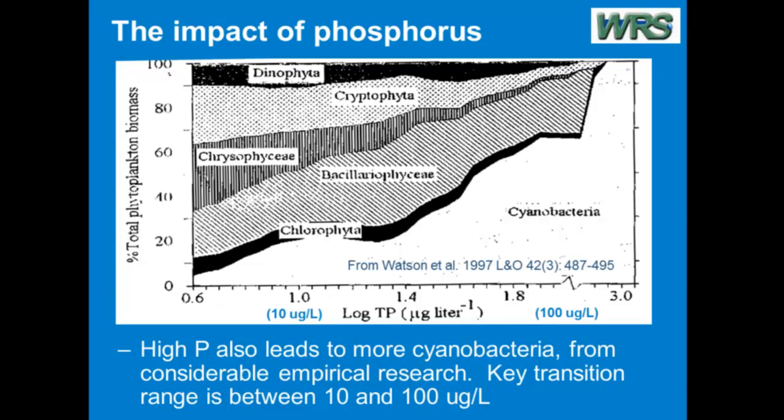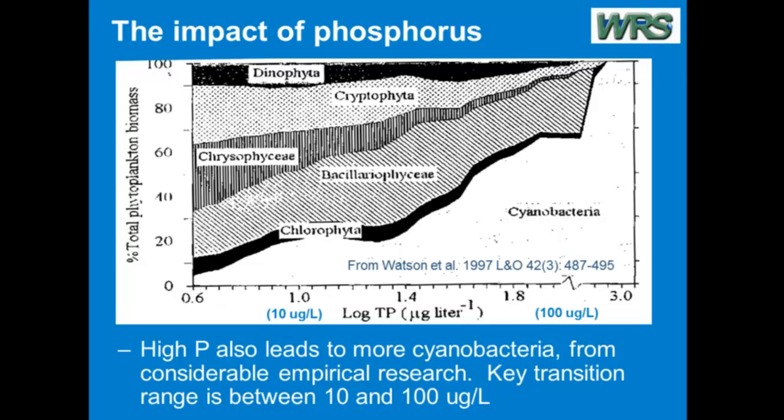This may not hold in every single lake, but from literally thousands and thousands of lakes that they put into this process, as you go from very low phosphorus, down around 10 micrograms per liter, up to very high phosphorus, up around 100 micrograms per liter, you go from blue-green algae or cyanobacteria representing less than 20% of the algae to representing literally 100%. Well, it can't be more than 100%, but getting a lot of the algae as cyanobacteria.